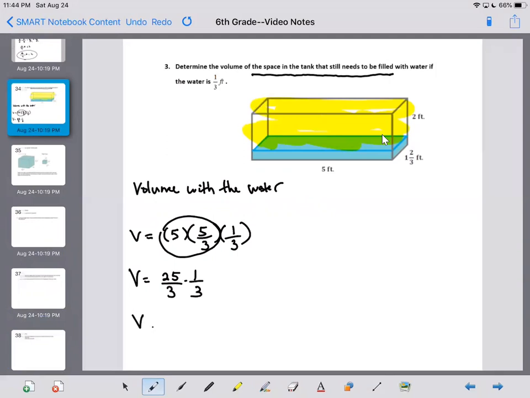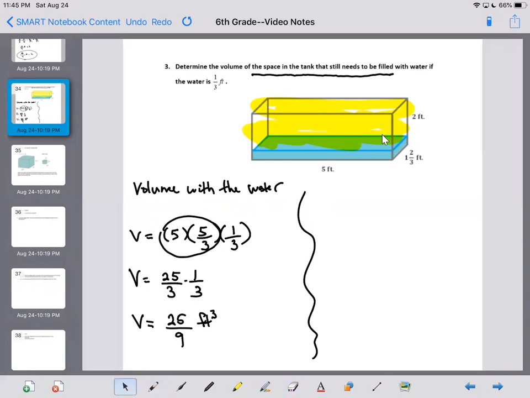That volume would be 25 ninths cubic feet. Now that's just the area of the water. No, I'm sorry, I said area, that's the volume. That would be the volume of just the water.